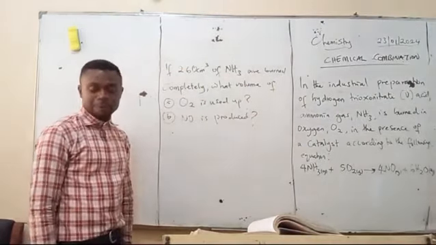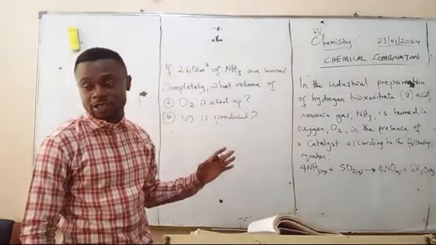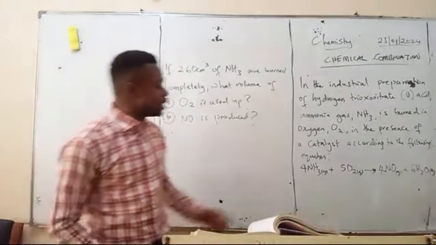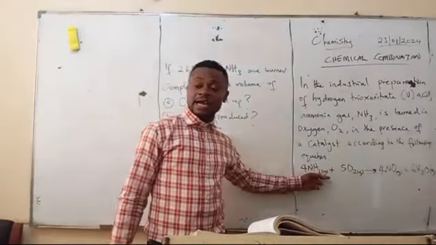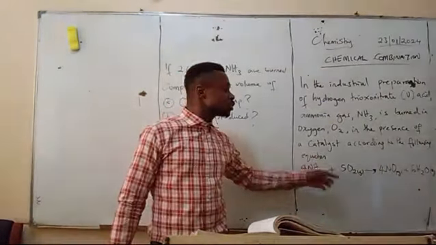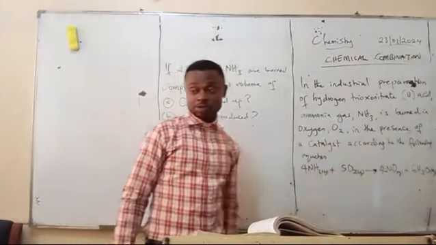Remember what we said about stoichiometry of reaction. We try to compare the amount of the reactants that react with each other, and also the relationship with the products. Are we together?